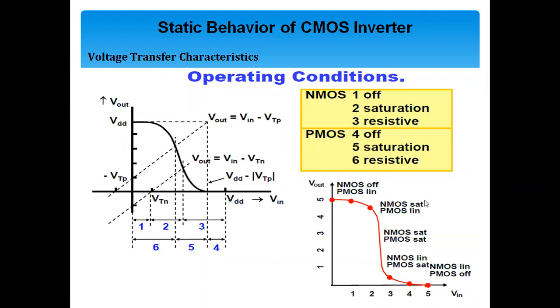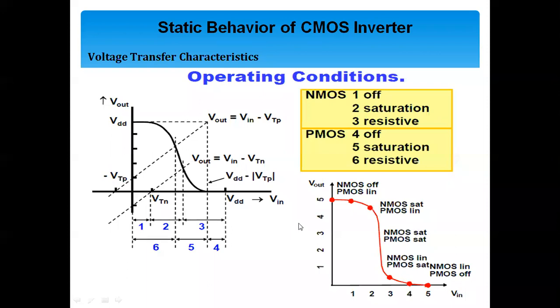Now in the third region, NMOS is also in saturation and PMOS is also in saturation. At the next region, the NMOS is in the linear or ohmic region, PMOS is in the saturation region, and at this last region, NMOS is in linear region and PMOS is in cutoff region. So this is how the different operating conditions for the CMOS inverter can be studied.